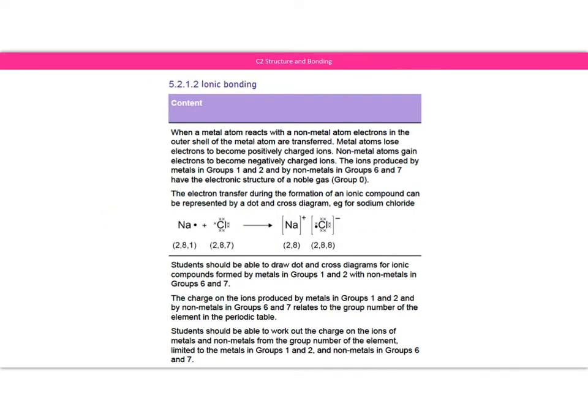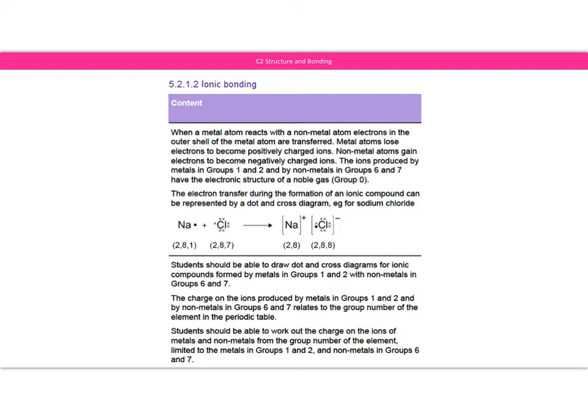So now we're going to look at ionic bonding more closely. We've stated the three types of bonding, and now we're going to look at them individually. We're going to look at this idea of losing, gaining, or sharing electrons, and what's relevant where. So we'll look at ionic bonding, then covalent bonding, and then metallic bonding.